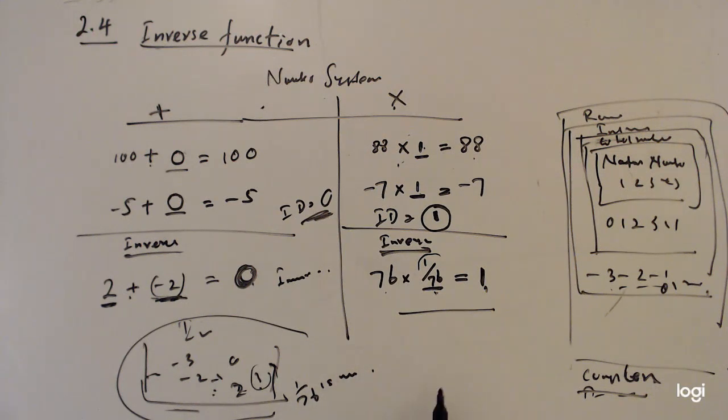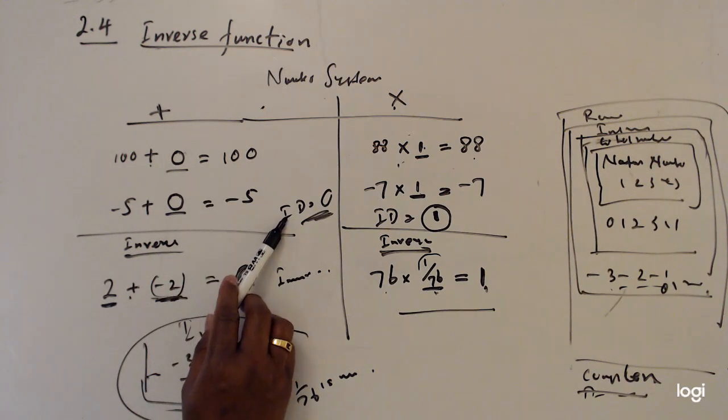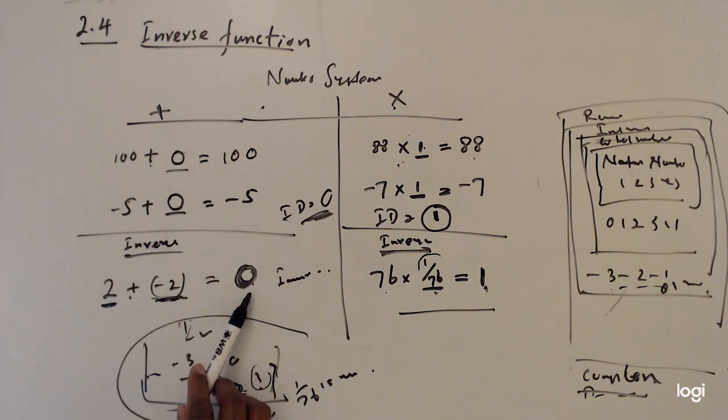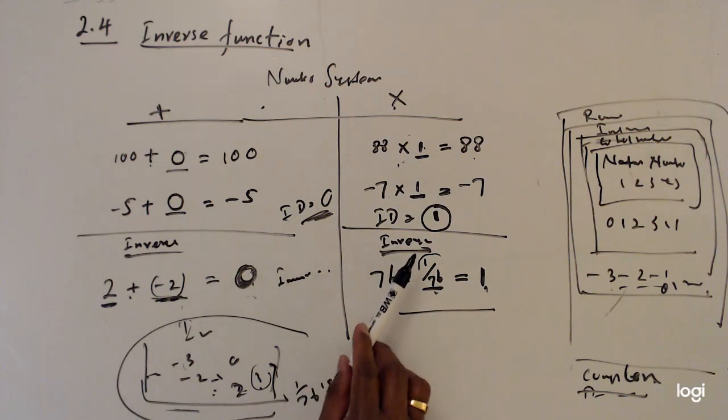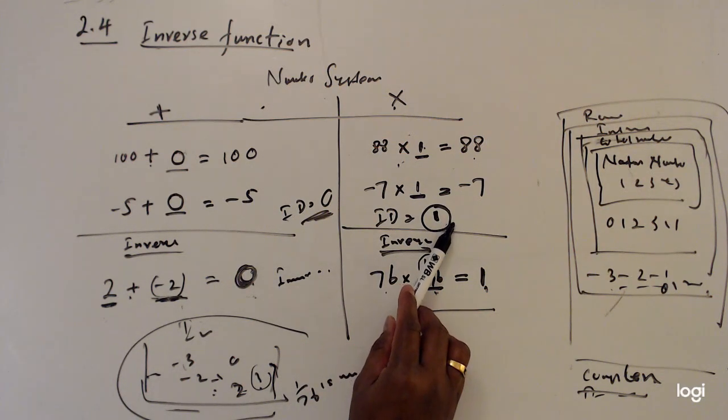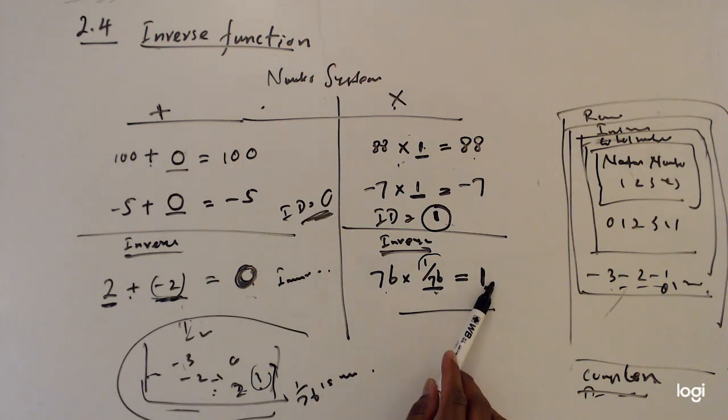So now integers is not super luxury, because under addition it has an ID and it has an inverse. If you select any number from this set, yes, the inverse is also there. But under multiplication, yes, the ID is there, but there is no inverse.